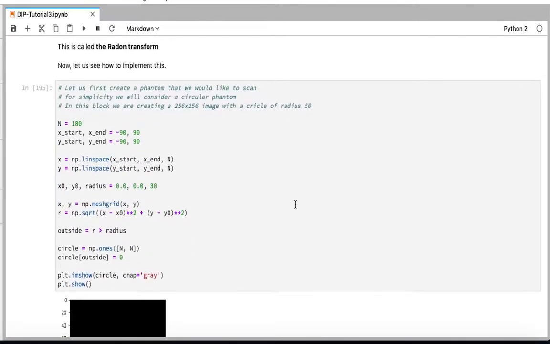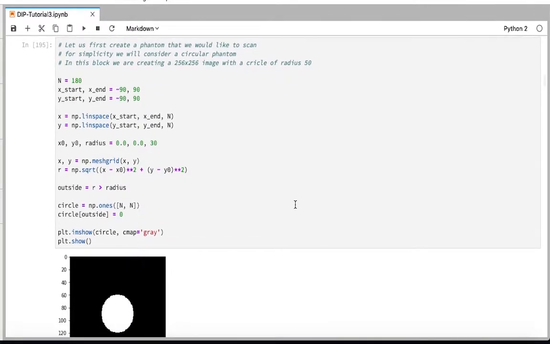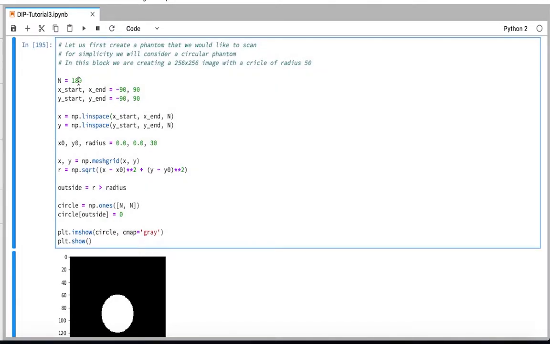So let's now create two sample bodies and see how the Radon transform looks for these. For simplicity, I am choosing just a sphere in the first example. You assume that you're placing the sphere inside the CT machine, and you have a parallel set of transducers sending rays. I'm creating a circle here, and I took the size to be 180 because it will help us with the numerics, because we scan 180 degrees.